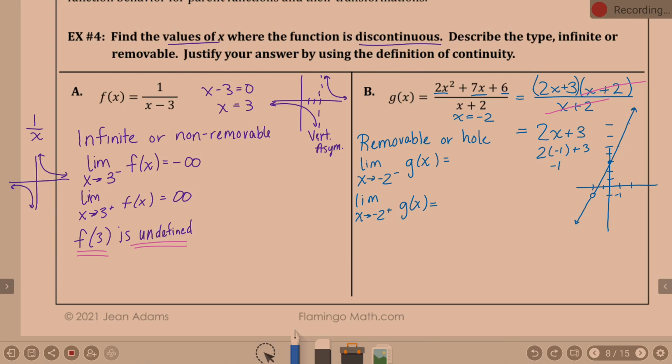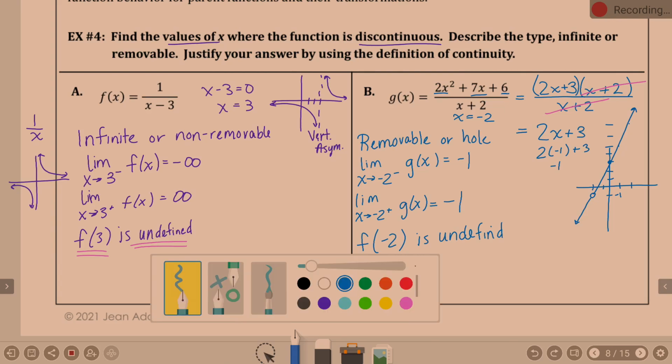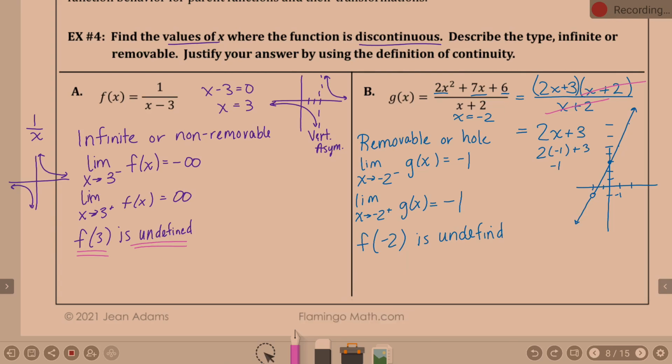So what's the limit as x approaches -2 from the left? What's it approaching? -1. What's the limit as x approaches -2 from the right? -1. Officially, can we do this limit? We can. What's the catch, though? f of -2 is undefined. This time it's undefined as a hole. Okay?